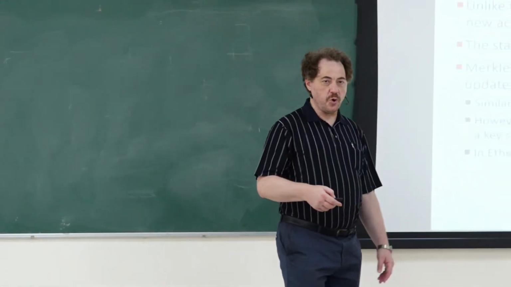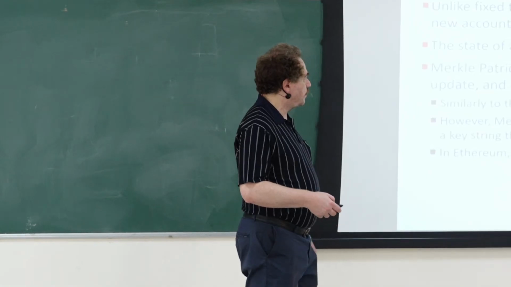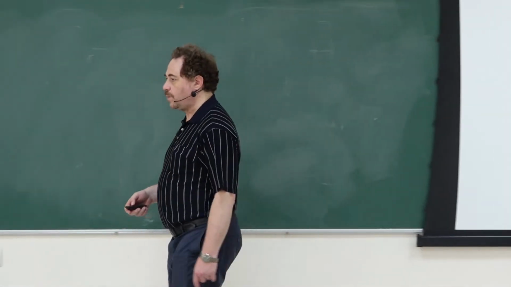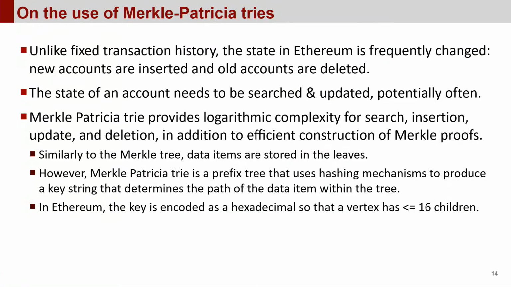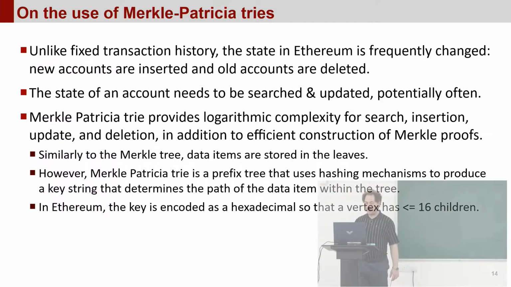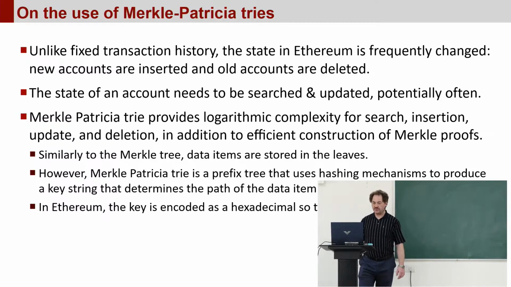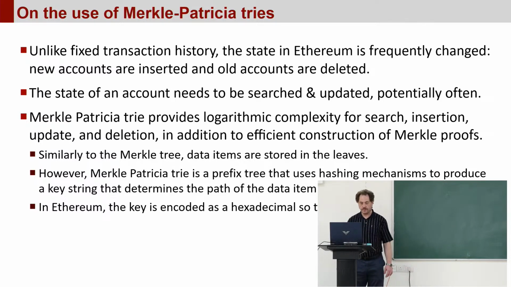So let's talk about Patricia trees. Unlike the fixed transaction history, the state in Ethereum is frequently changed because new accounts are inserted and old accounts are deleted all the time. So we need to maintain the state.